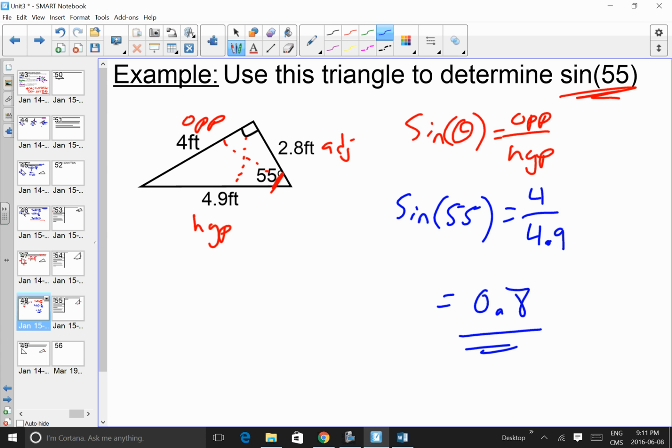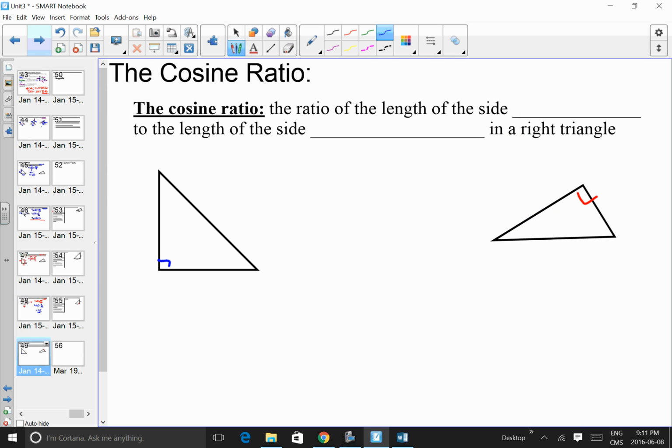Cool. All right, and my third ratio is called the cosine ratio, and it compares the length of the adjacent side with the length of the hypotenuse. So if I was looking at, let's use the side triangle for once, this angle here, let's call that theta.